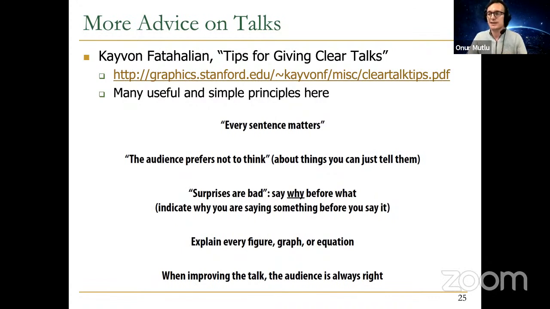So abstraction level is really important when you're writing papers and delivering talks. If you don't follow the abstraction level that's logically enabling the reader to understand something, then you have a problem in both your writing as well as giving talks, right? So why is very important, much more important than what first.